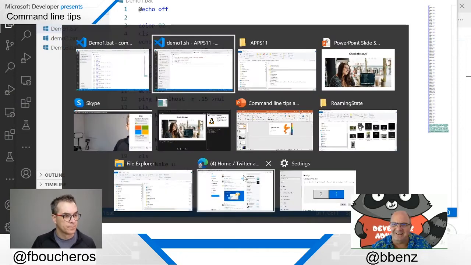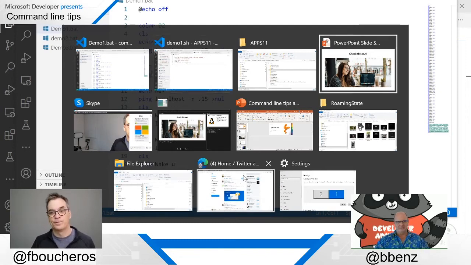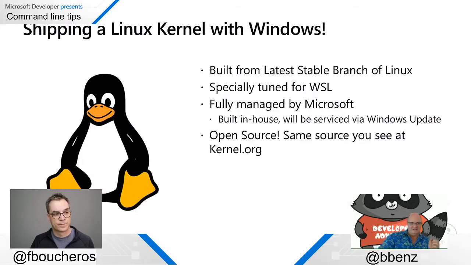Okay, all right. So the other thing I want to show you, let's talk a little bit about what you just saw. So I showed you WSL, and I'll talk just a little bit about shipping a Linux kernel with Windows. What you saw there is actually Ubuntu Linux. It's the same source code that you see at kernel.org. It's fully managed by Microsoft.